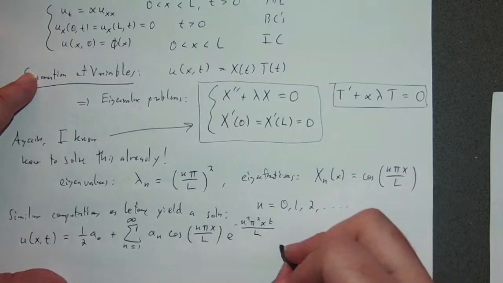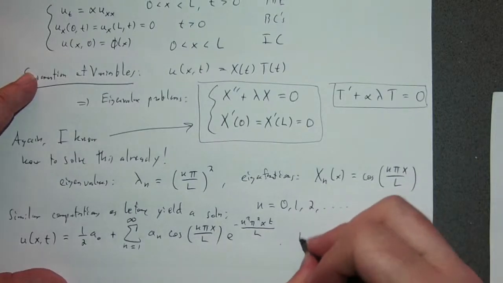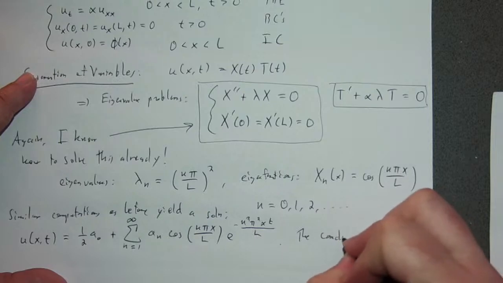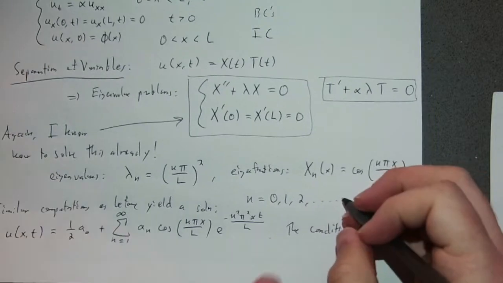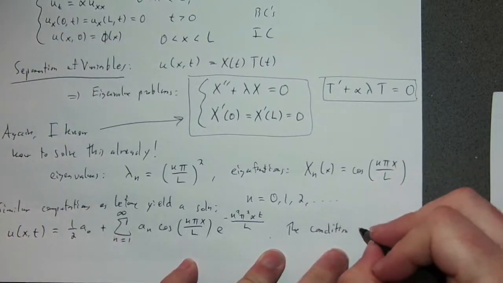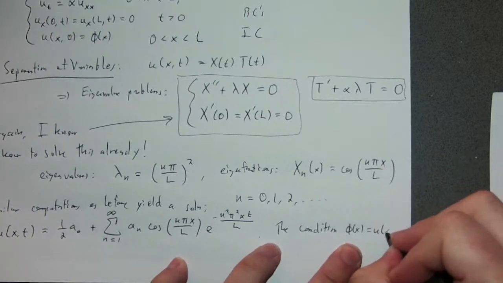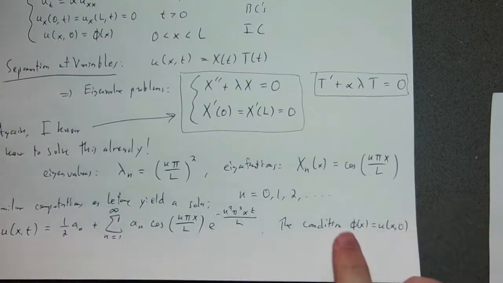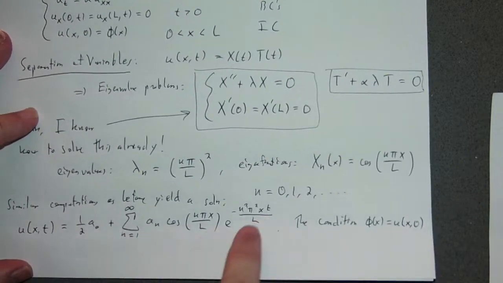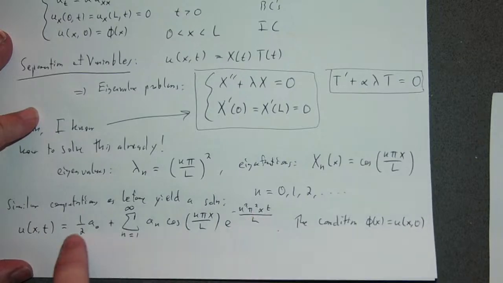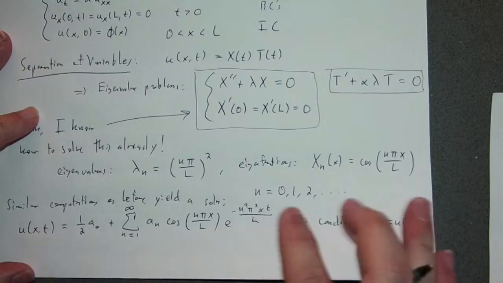And the condition phi of x equals u of x, 0. Again, when I plug in 0 here, what do I get? When I plug in 0 here, I get the Fourier cosine series for phi.